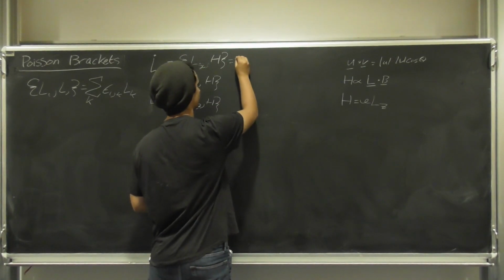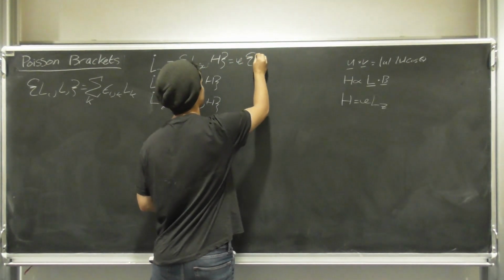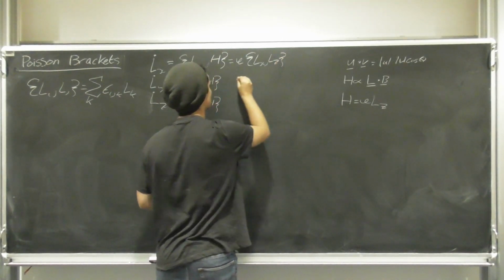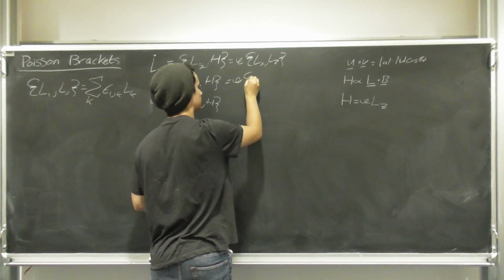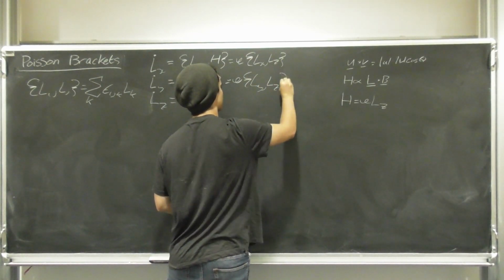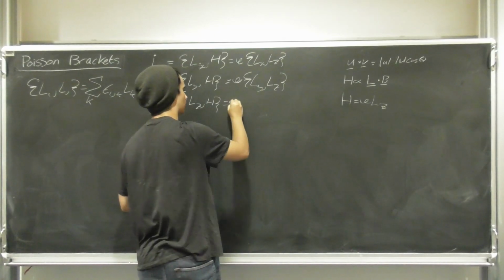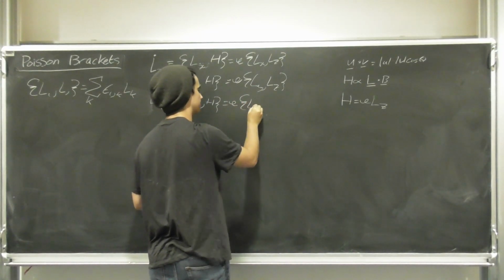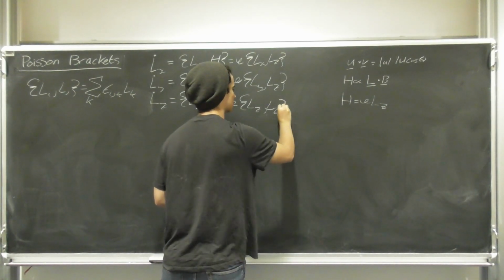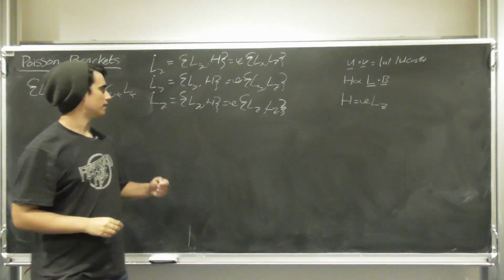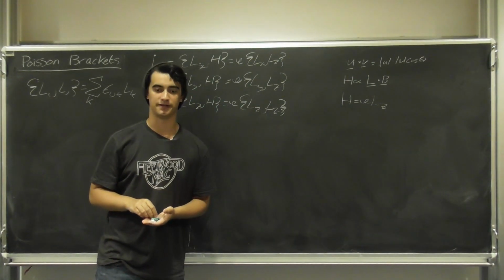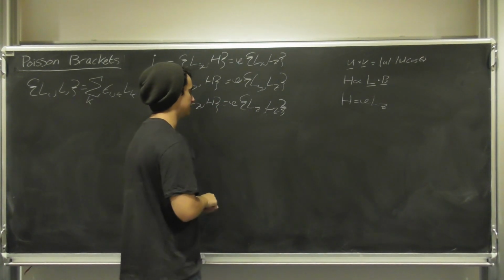So we'll have these equal to omega times the bracket of L sub x with L sub z, omega times the bracket of L sub y with L sub z, and omega times the bracket of L sub z with L sub z. Very quickly, we know that the last one will go to 0, because the Poisson bracket of two identical functions will immediately go to 0.